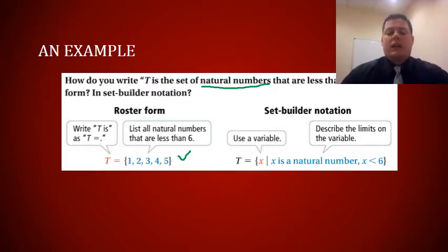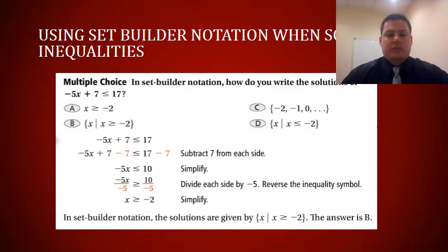Again, this may seem silly or unnecessary, but it has a use when we start working with more complex numbers and bigger sets of numbers, where you don't want to list out 50 numbers. You just want to be able to identify it by a set.